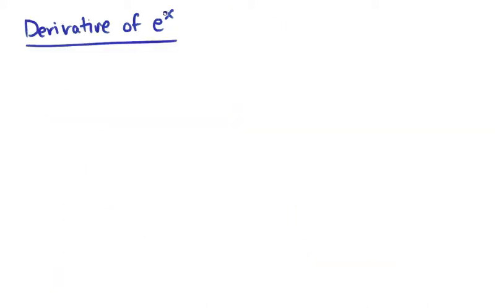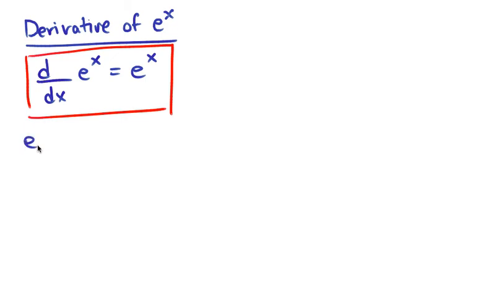Another derivative rule is the derivative of e to the x. If you ever take the derivative with respect to x of e to the x, the cool thing is you just get e to the x. If we see this in an example, let's do f of x is equal to 5 e to the x plus 3x squared.